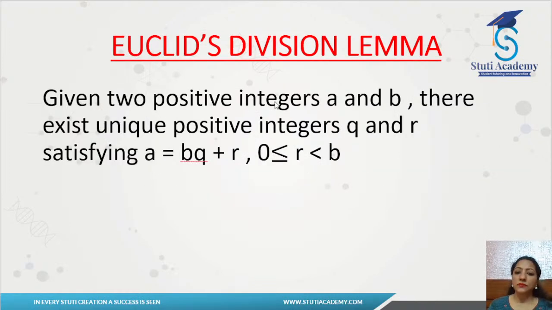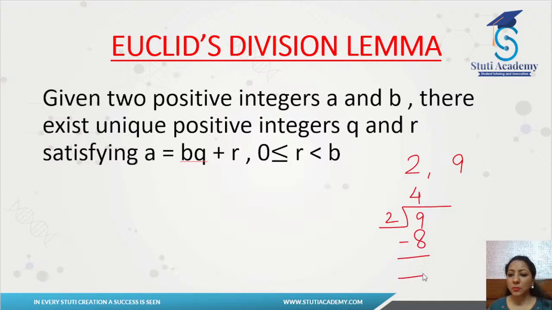Now children, in the previous week we had discussed Euclid's division lemma also. Given two positive integers a and b, there exist unique positive integers q and r satisfying a equal to bq plus r, where 0 less than equal to r less than b. So as discussed earlier, if we have two numbers, let's say 2 and 9, and if we divide 9 by 2, we are going to get 4 as the quotient, we'll get 8 here, and then 1 as the remainder.